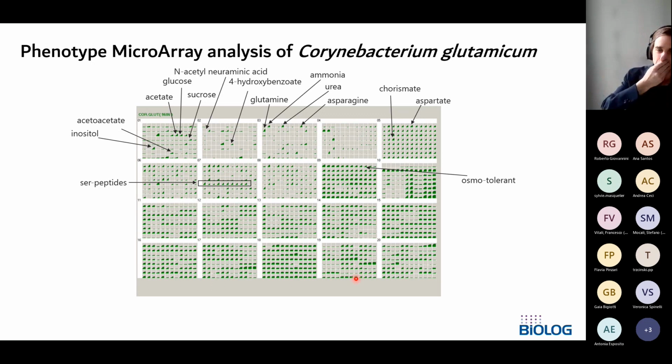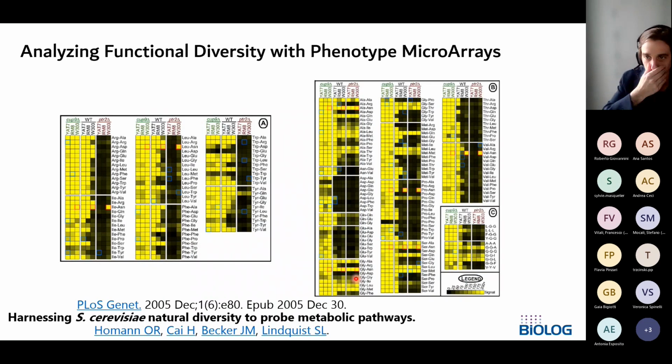So this is a typical use, and you find a lot of papers where they characterize this, and of course, after they have done their characterization, they also compare different strains.